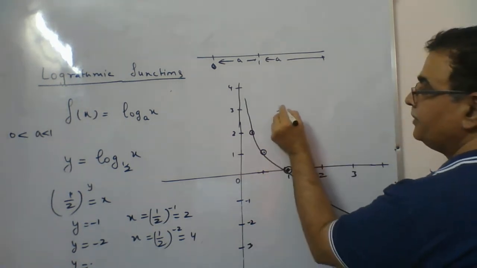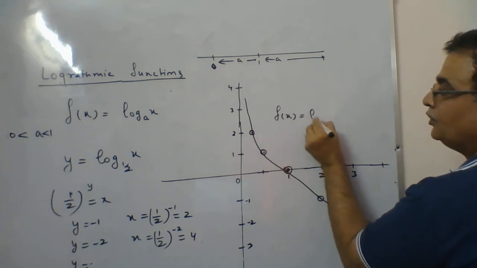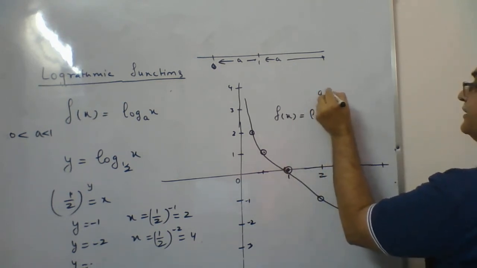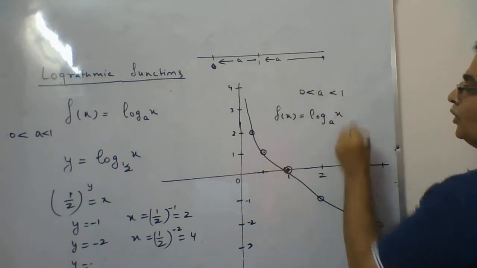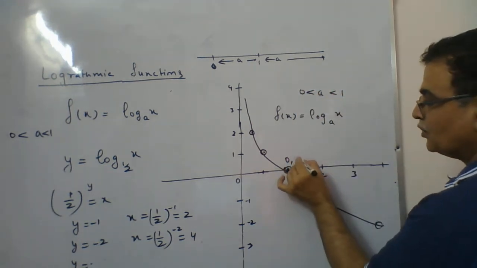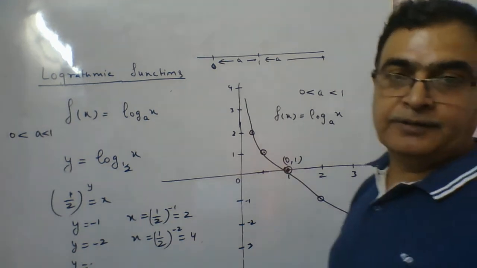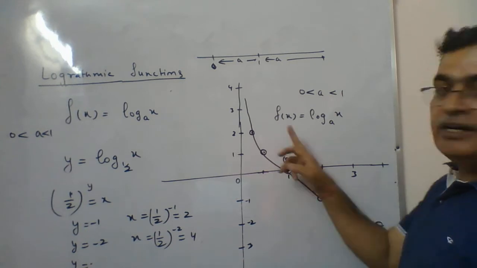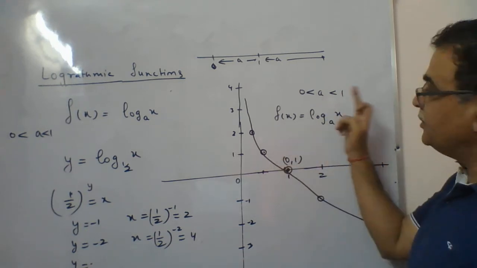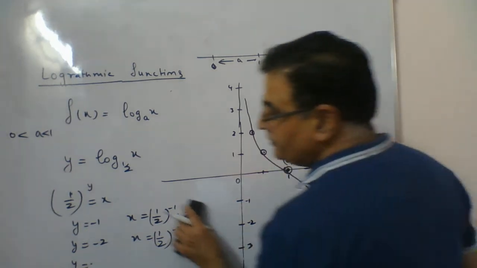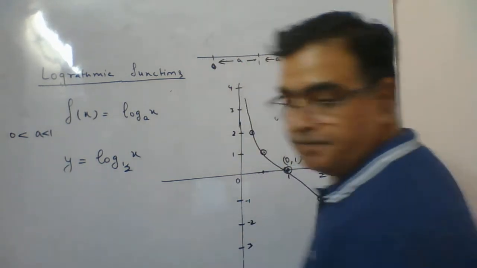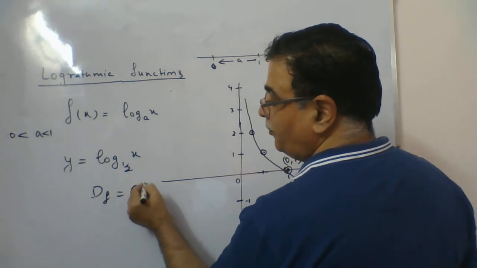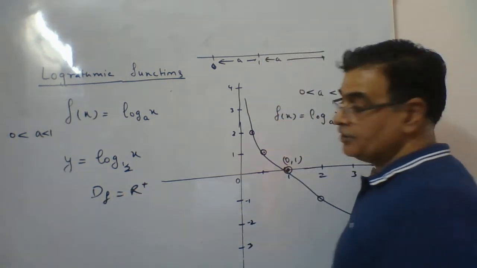And this curve will be for f(x) equal to log of x with base a, where a is between 0 and 1. This curve is also going to pass through 0, 1, right? In this case, again what you are finding: domain of the function will be all the positive real numbers, which I already mentioned in the question.